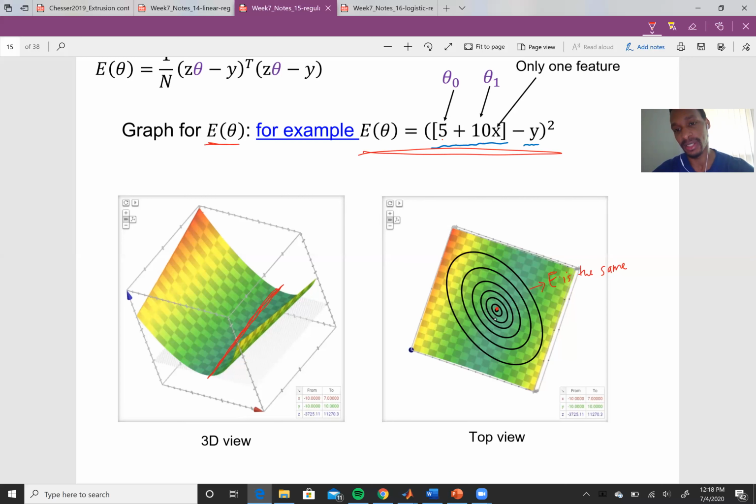Yeah, I think he just drew something to represent the idea. They probably don't look like this per se, but there are some contour lines where the error is the same.